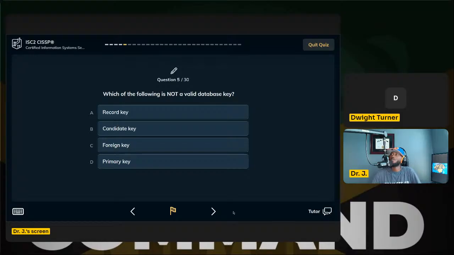I'm not too sure about either one of these. All right, I believe this is going to be candidate key. I'm not sure I'm familiar with hearing candidate key before.